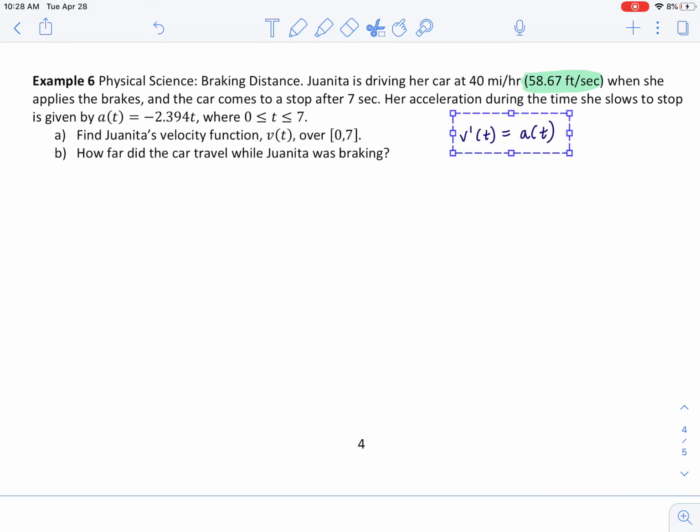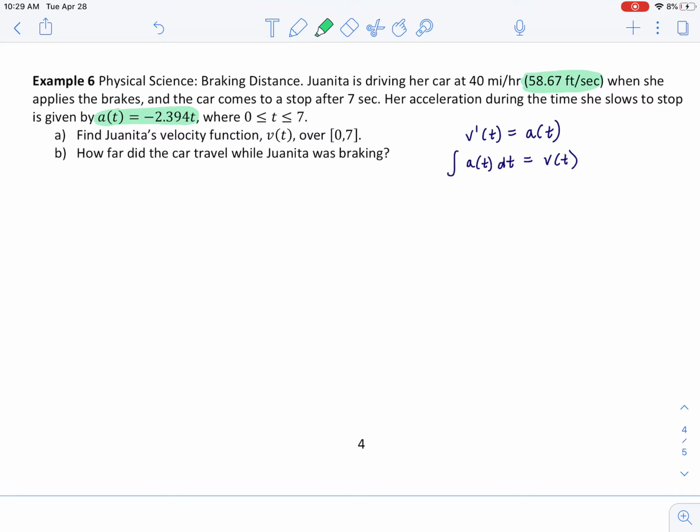So what does that mean? If you want to go back to velocity, given a of t, you need to integrate it to get the velocity function. So what they are giving you here is that the acceleration function is negative 2.394 t, where t is from 0 to 7 inclusive.